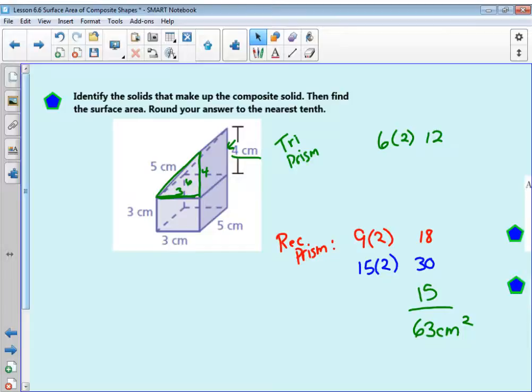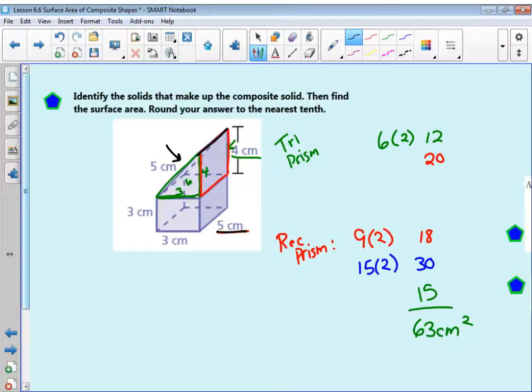Okay. I have the back that is 5 by 4, which would give me 20. That does not have a match, so I'm just going to go ahead and write 20. The bottom we won't do, but then there's this, what I would call a slant. That's right here. You can't really see it, but the dimension on that is across the top, it's 5.